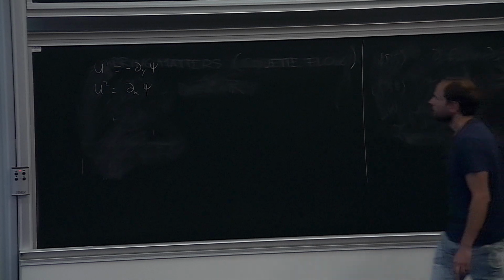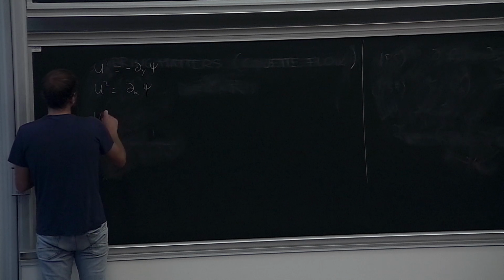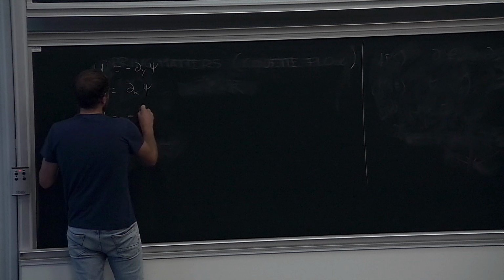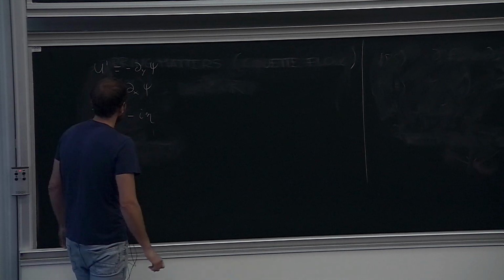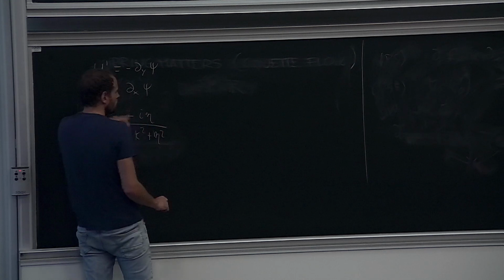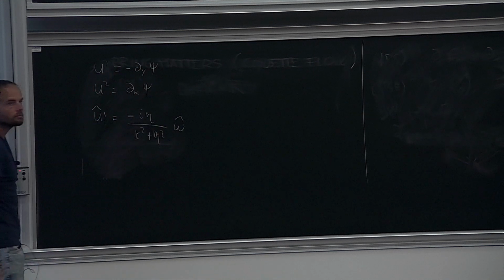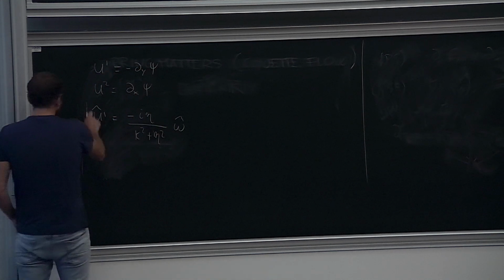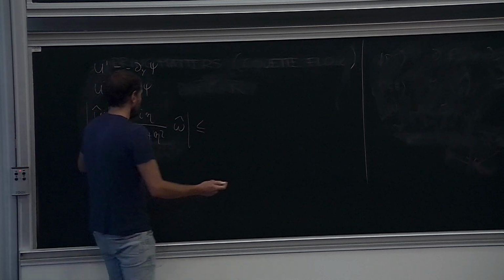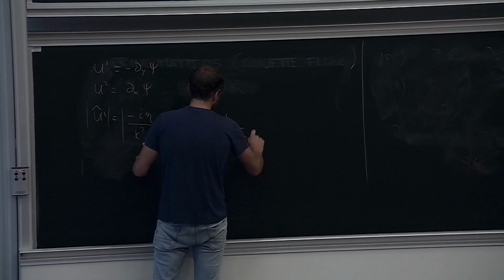Just to write it in Fourier, U1 in Fourier is going to be minus i eta over k squared plus eta squared, the Laplacian inverse, times omega hat. This is really the square root of k squared plus eta squared.